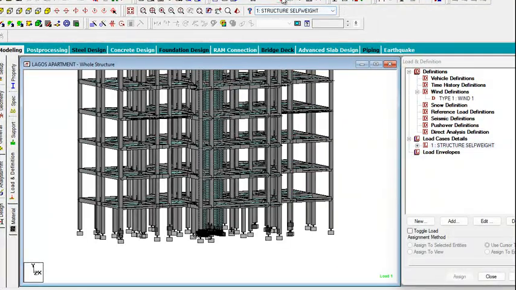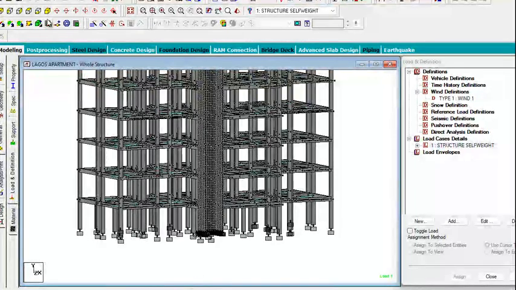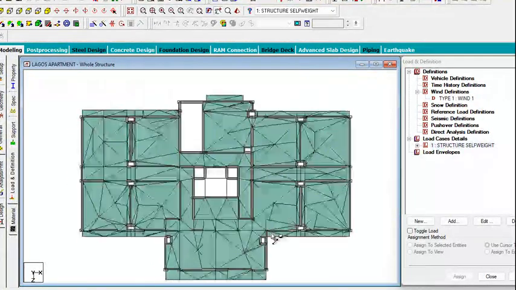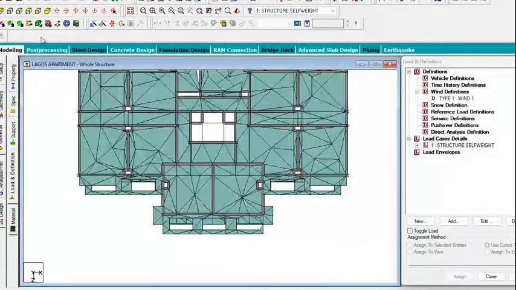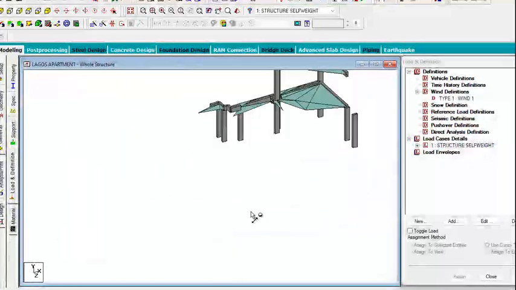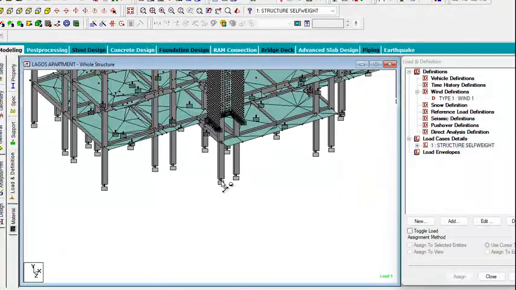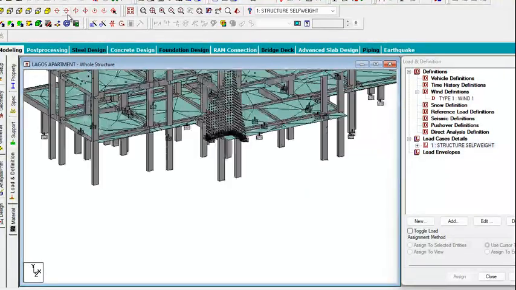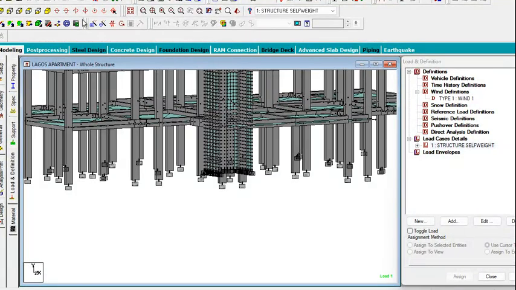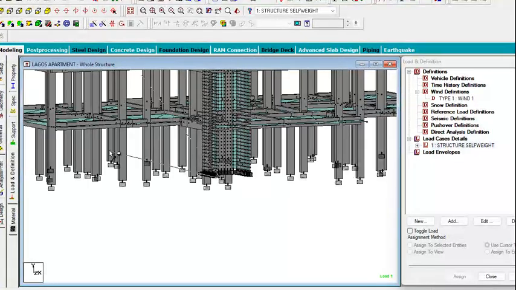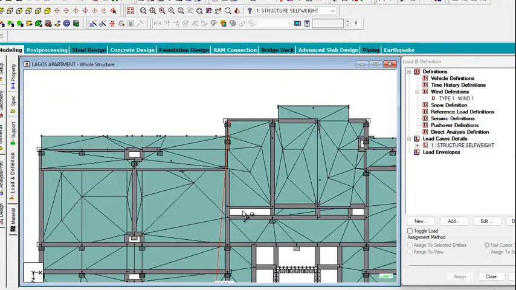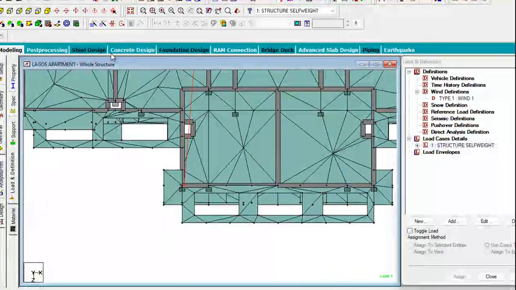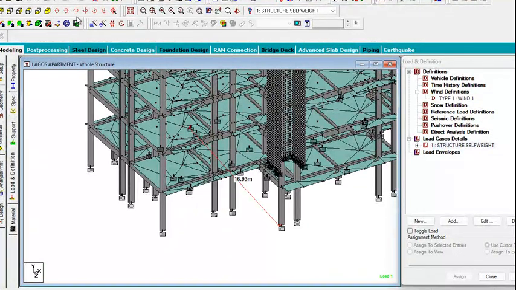Again, I said you have to look at the crosswind dimension. Okay, so I missed out the correct dimension.